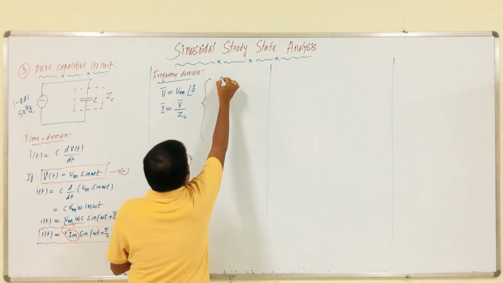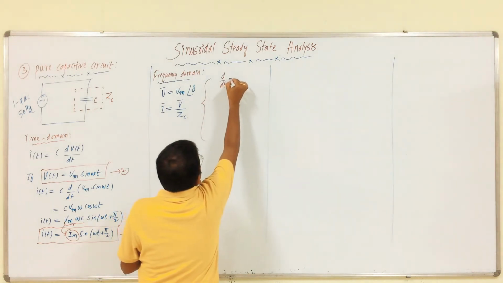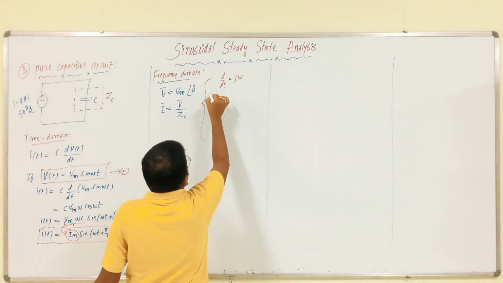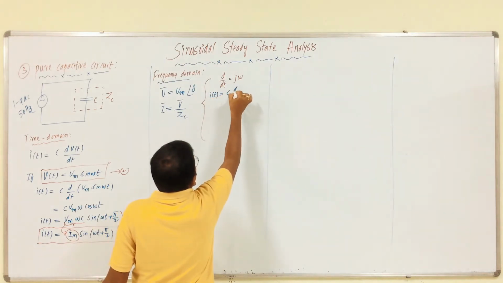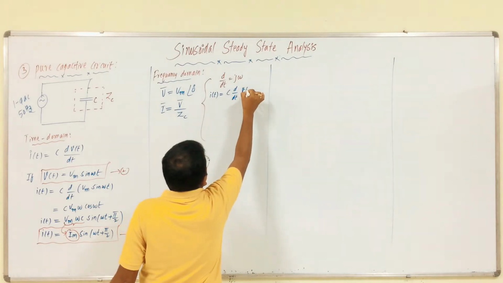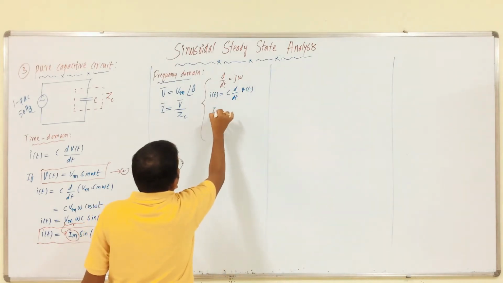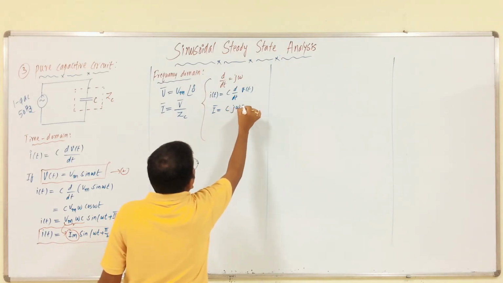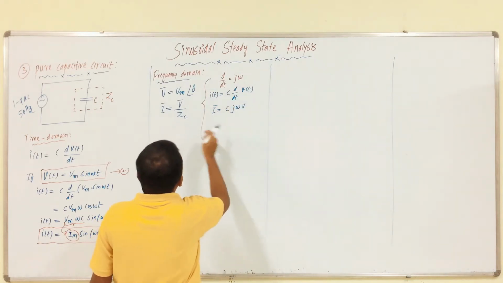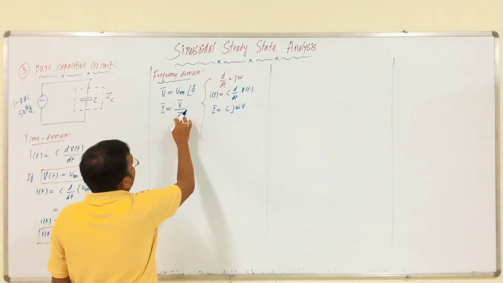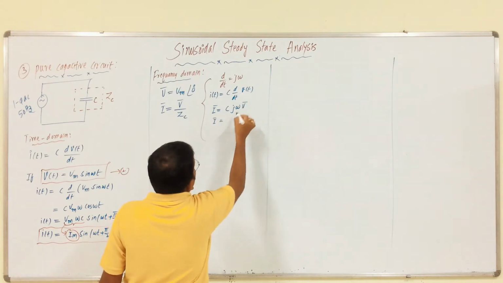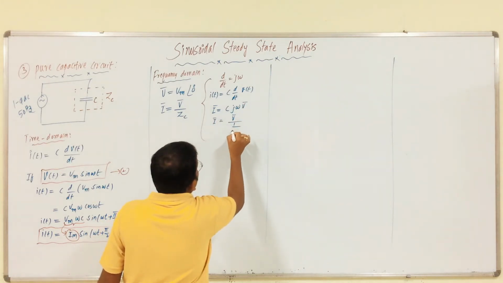We all know that d by dt is nothing but j omega. So from this, i(t) is C into d by dt of e(t), where d by dt is j omega. So we have to get this equation in this form. We can write E by 1 by j omega C. Can you write like this?